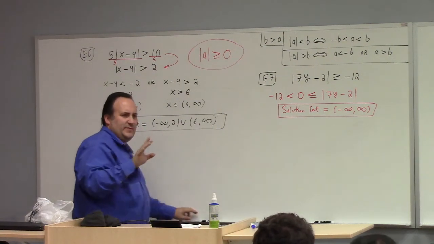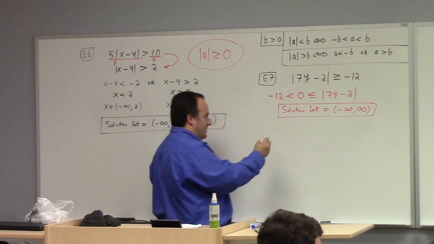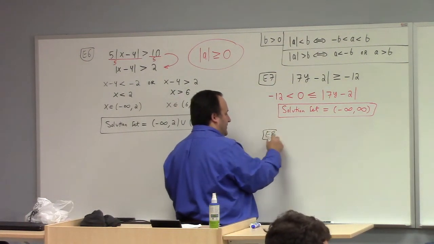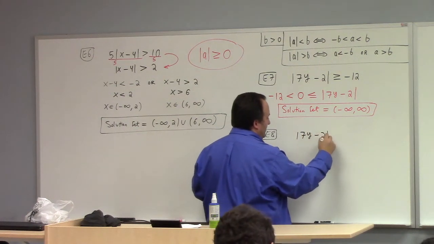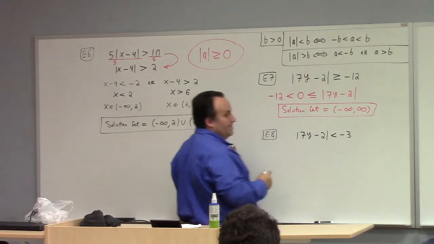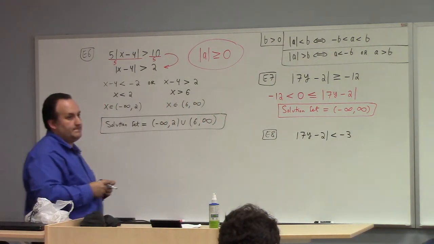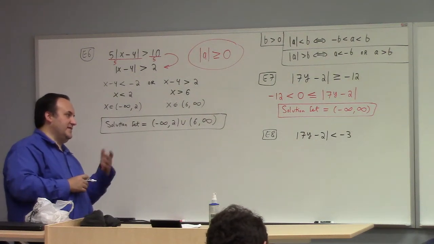Another example in a similar vein, but this one doesn't have as happy an ending. Well, I don't know. You decide whether or not it's a happy ending. The absolute value of 7y minus 2 less than minus 3. Then there's no solution, right?